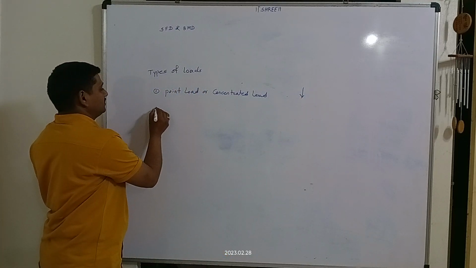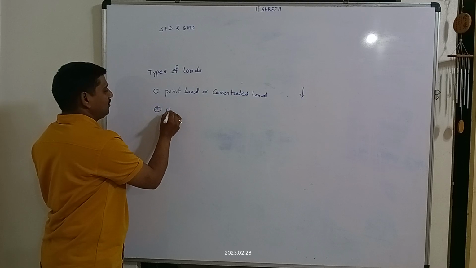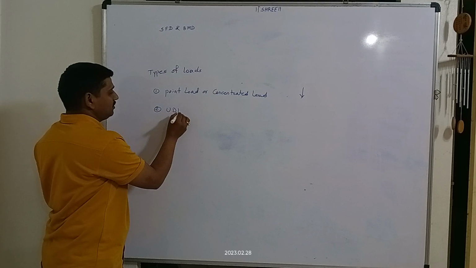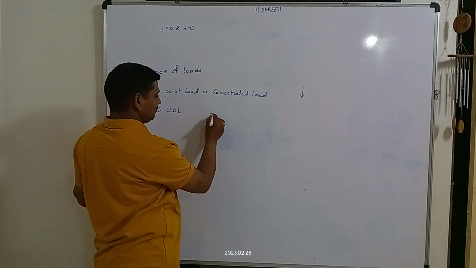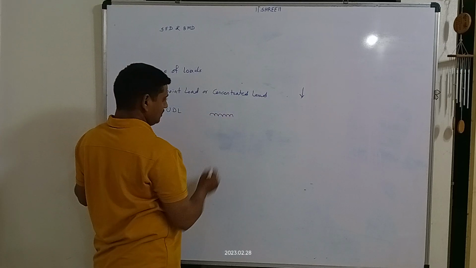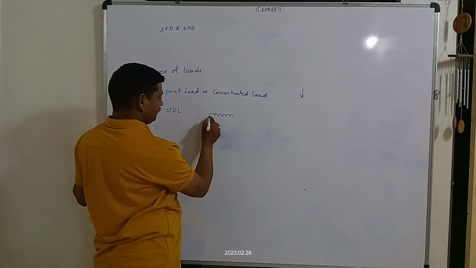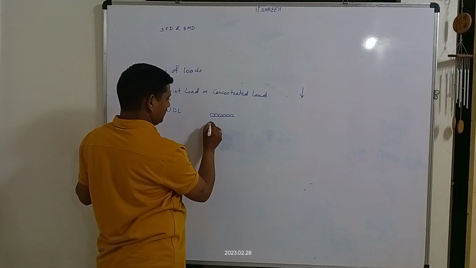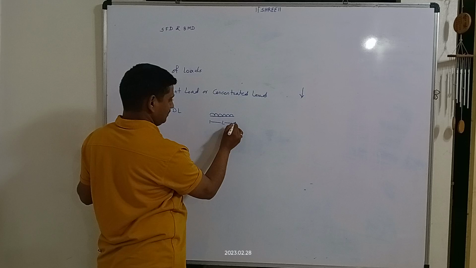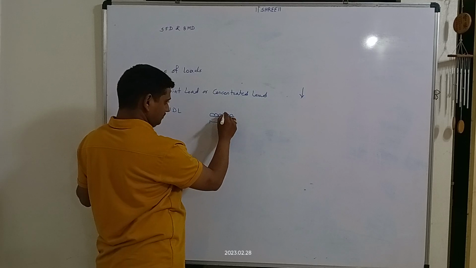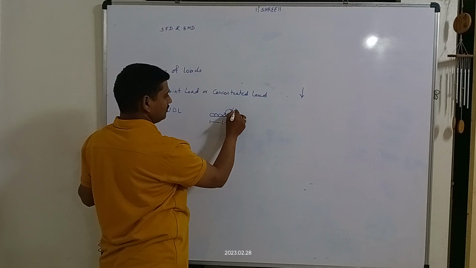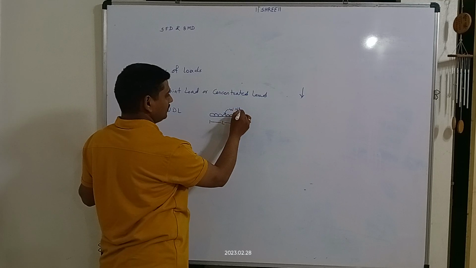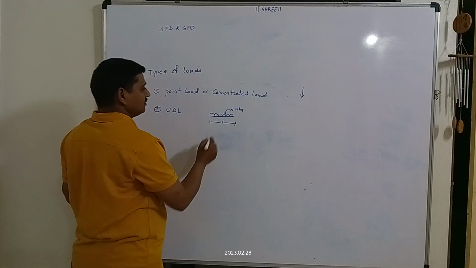Second is uniformly distributed load. It is shown by like this. If we consider length L over which W weight is acting, W Newton per meter.